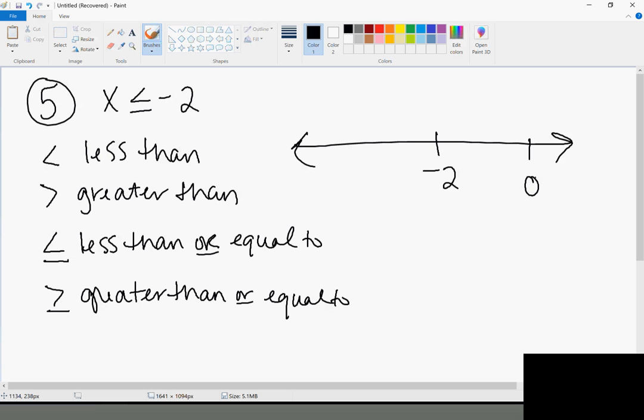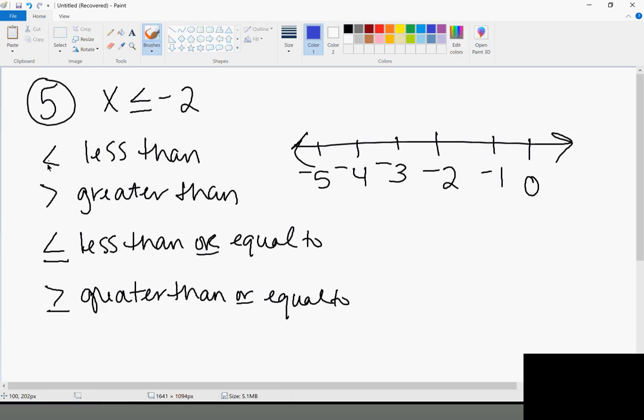So I'll put maybe 0 here. In between -2 and 0 would be -1. And then numbers less than -2 would be -3, -4, and so forth. So the graph will look like this.